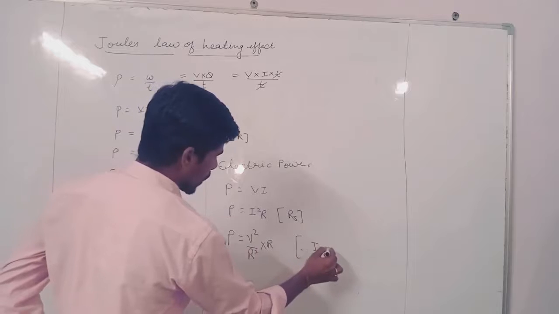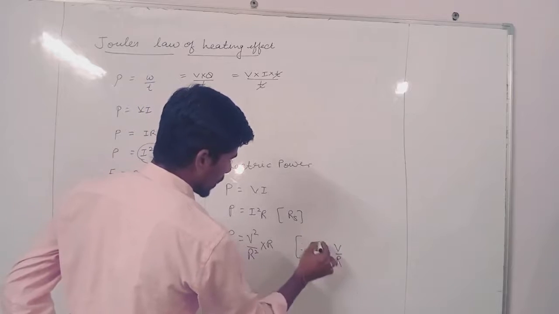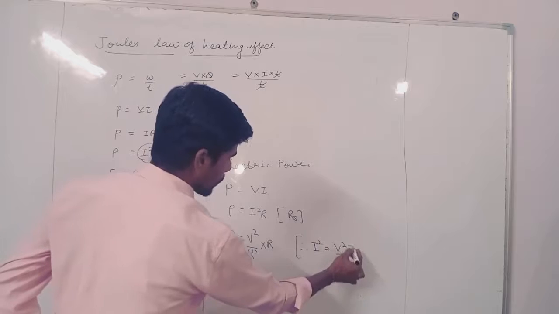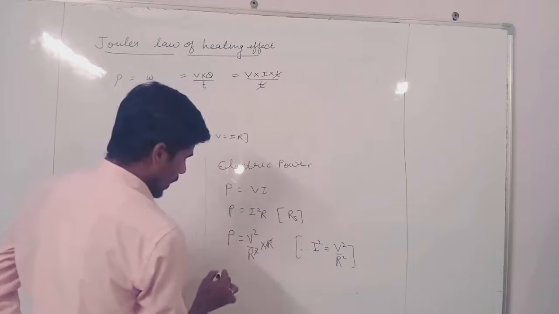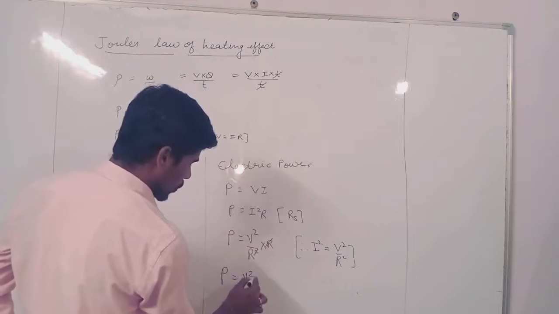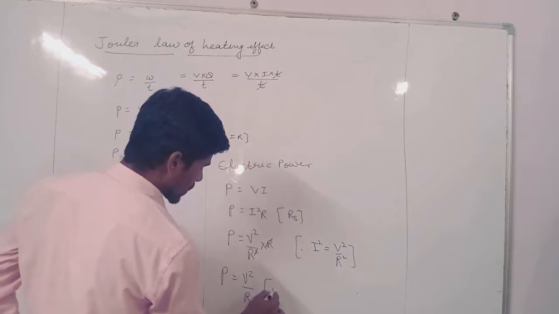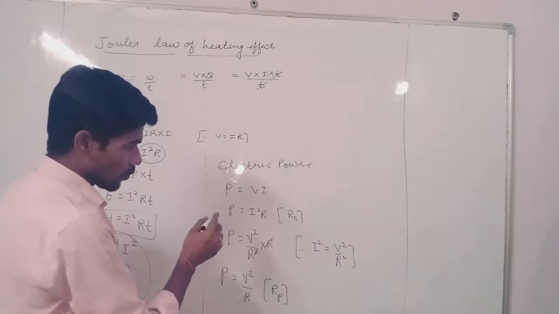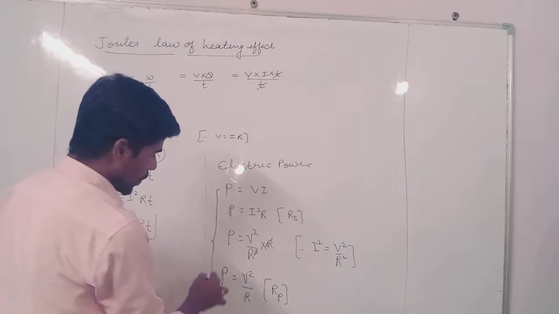Because according to Ohm's law, I is equal to V upon R. I square is equal to V square upon R square. So this will be cancelled, and P is equal to V square upon R, where resistance in parallel. So this was all about the electric power.